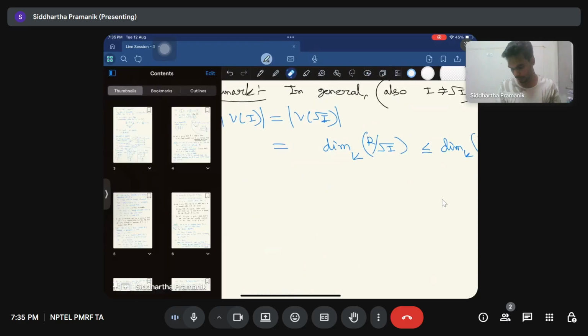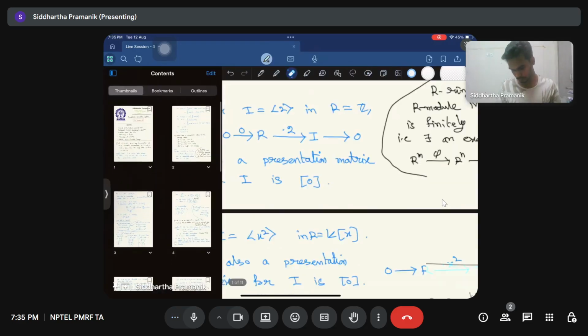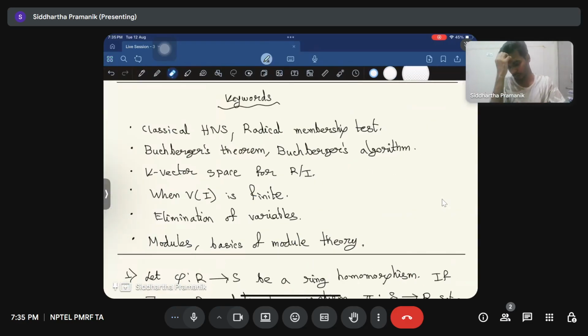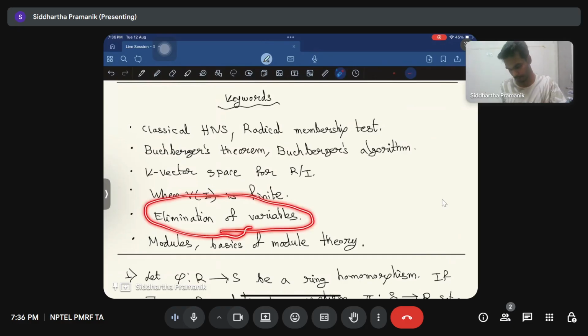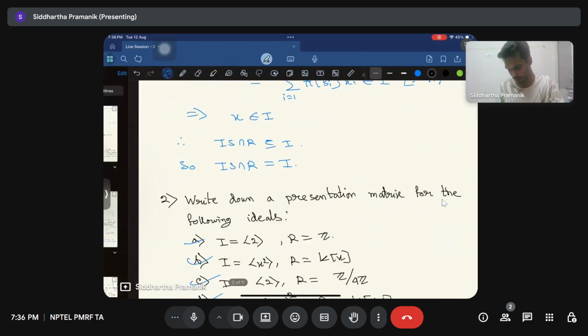Okay, so that is what we have done so far. Now let's do some elimination of variables example, an application of this elimination of variables.